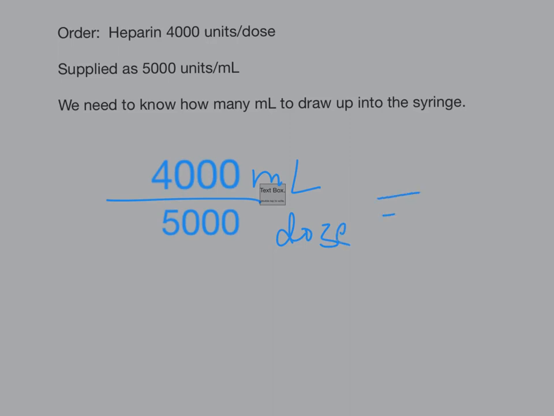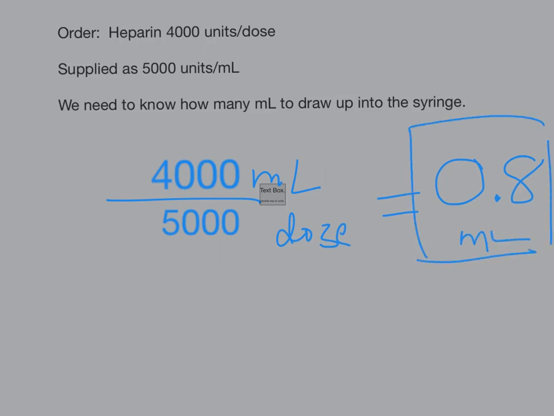Okay, so all we have to do is divide the top by the bottom, and we end up with 0.8 mLs. That's what we're going to draw up in our syringe to get a 4,000 unit dose, and that does make sense. 4,000 is less than 5,000. 5,000 is an ml, so yeah, a little less than an ml is about right. 0.8 is a realistic dose, and we know we set it up right because we followed all the rules of dimensional analysis, and now we have our answer, 0.8. It really wasn't that painful.